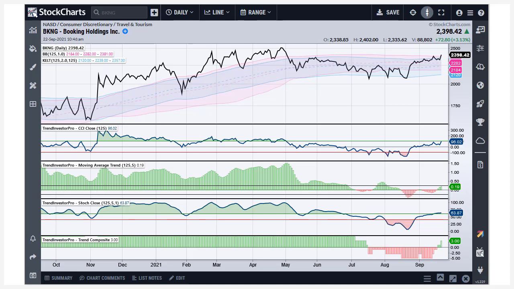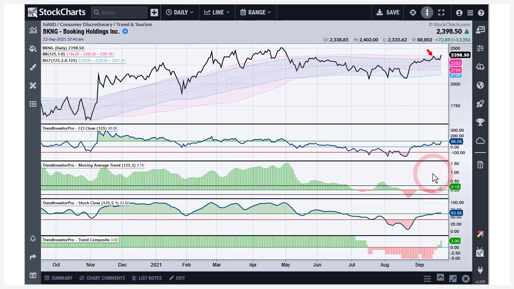So if we look here, this is Booking.com, and the trend composite at the bottom was bearish from mid-July all the way to mid-September. Then we can see it turned bullish. The reason is, first of all, we had a move above the upper Keltner channel line and the Bollinger Band, so that got 2 indicators bullish.